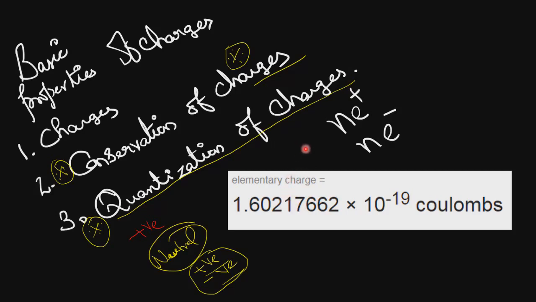One more important thing: when a glass rod is rubbed with silk cloth, the number of charges transferred is usually very large, typically of the order of 10^10. So charge quantization is not appreciable at the macroscopic level. Hence the charges are treated as continuous, not discrete.